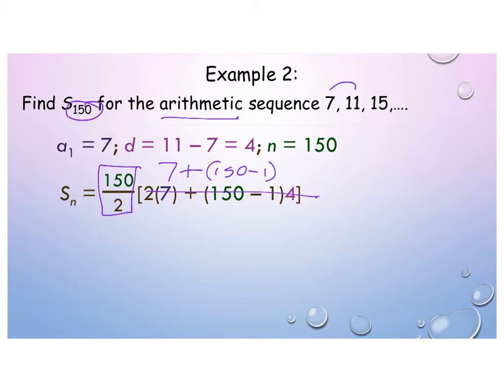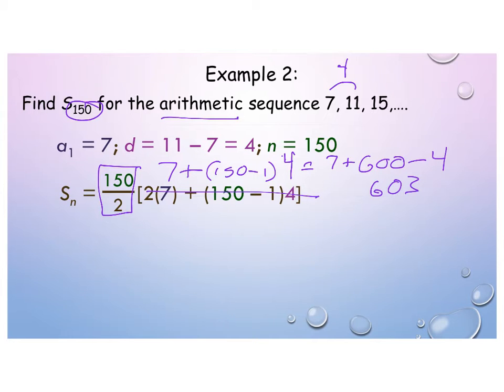And our common difference, notice, is 4. So this is how we would find our last term. So our last term is going to be 7 plus 4 times 150. 2 times 150 is 300, times another 2 is 600. And it's minus 4. So our 150th term is 603.